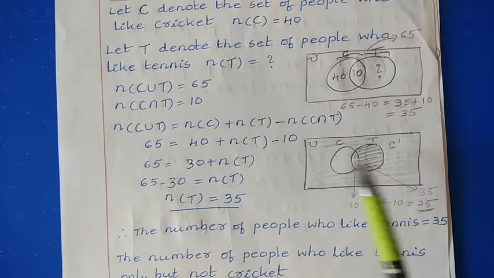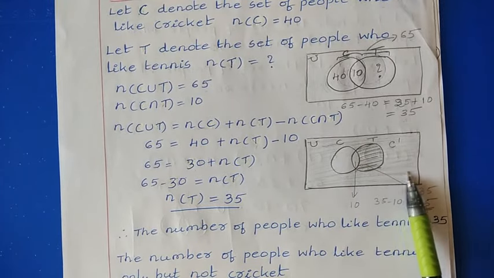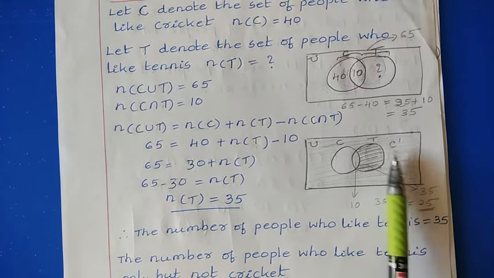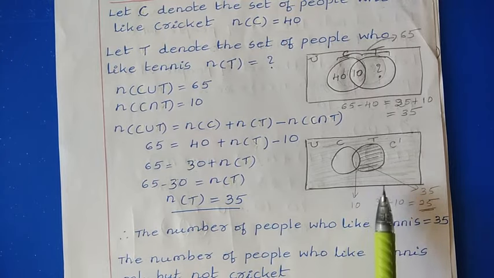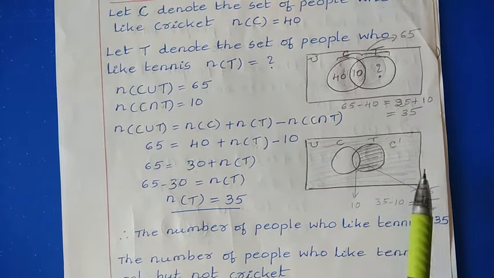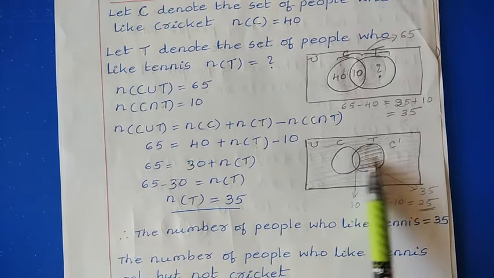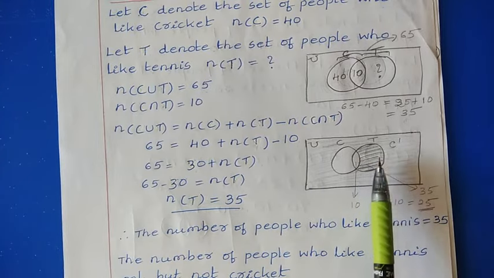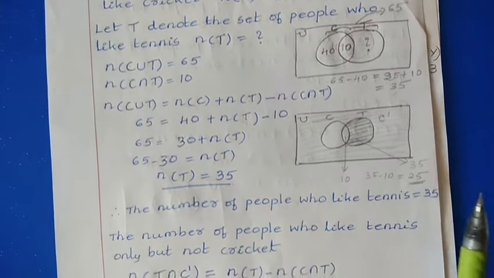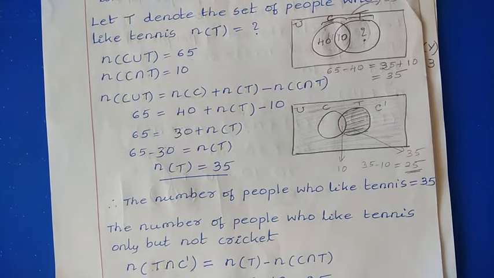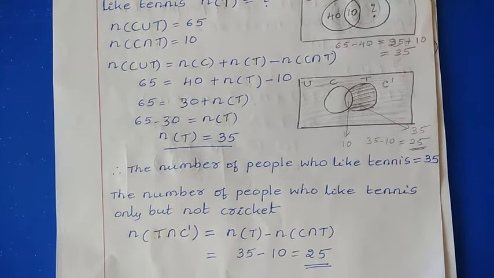That means, if I consider the Venn diagram, we have to calculate the total number of people who like just tennis only but not cricket. This part we need to find out. So to find this part, we have to calculate N of T intersection C complement.